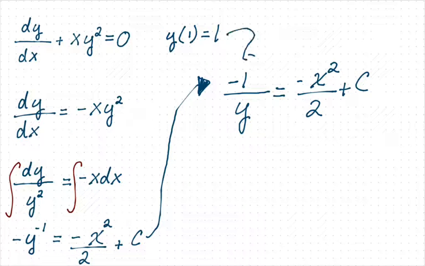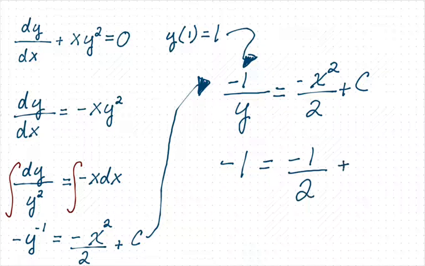And now I'll plug in my initial condition: when x equals 1, y equals 1. So negative 1 equals negative 1/2 plus c. So c equals negative 1/2. Sorry that my writing is inconsistently sized.